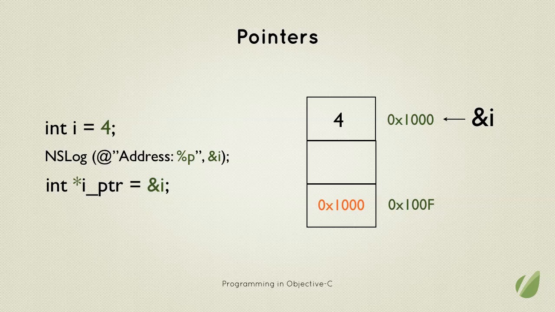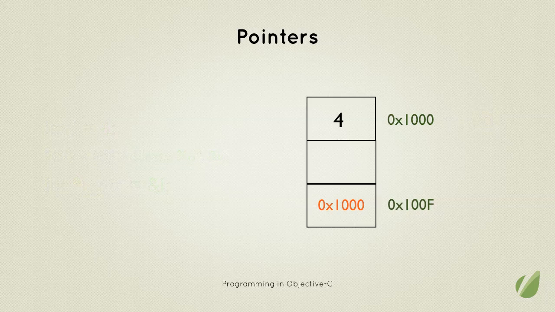And obviously iPtr has its own memory address, for example 0x100f. Now let me introduce a new operation called dereference. The *ptr assumes two different meanings, depending on its position. We can use *ptr to the right of the equal.